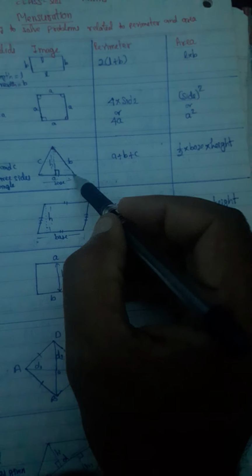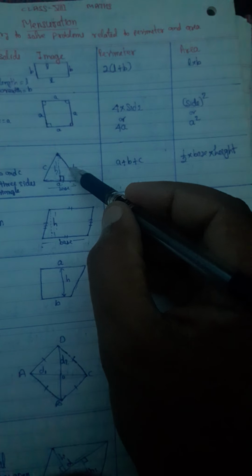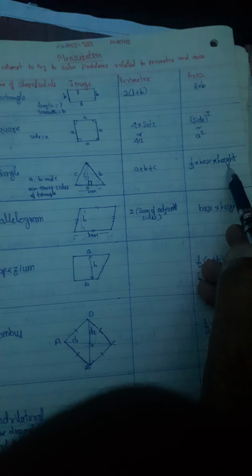And the line on which this perpendicular is formed is known as the base. If from this vertex we draw a perpendicular line, that is known as the height, and this side becomes the base. So the formula for the area of the triangle is 1 upon 2 base into height.